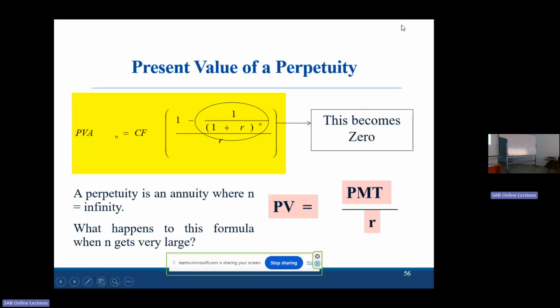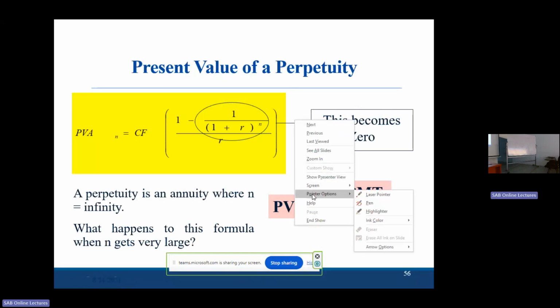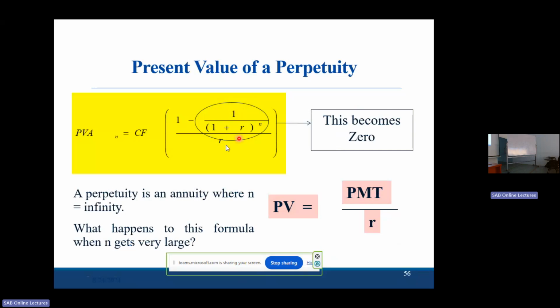In the case of the perpetuity, you can see what is happening. Look at here. This is our present value of annuity formula: 1 minus 1 upon (1 plus r) to the power n, divided by r. So in the case of a perpetuity type cash flow, this n becomes a very large number.